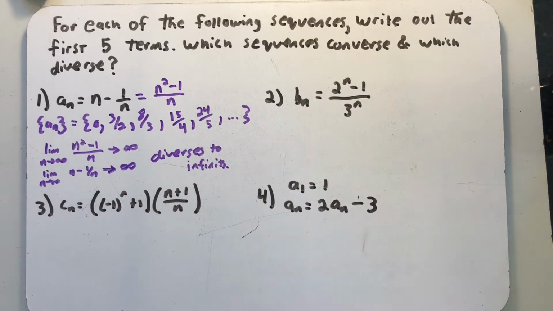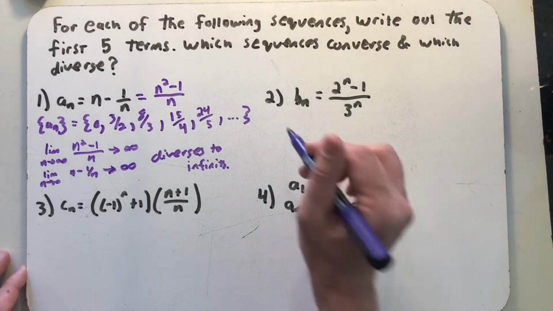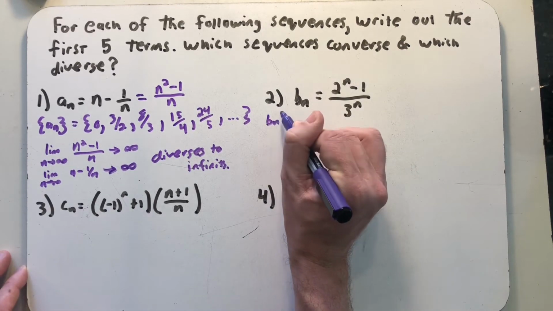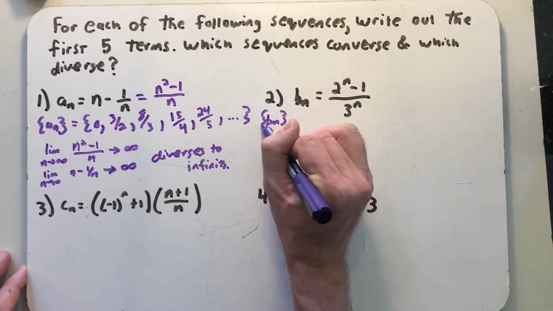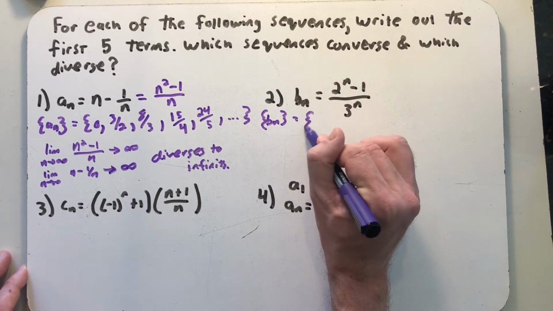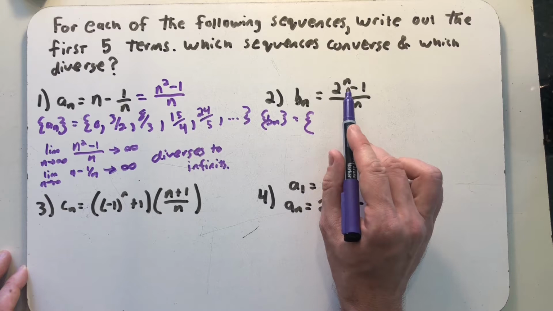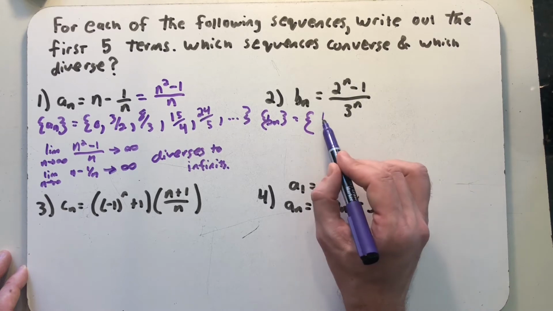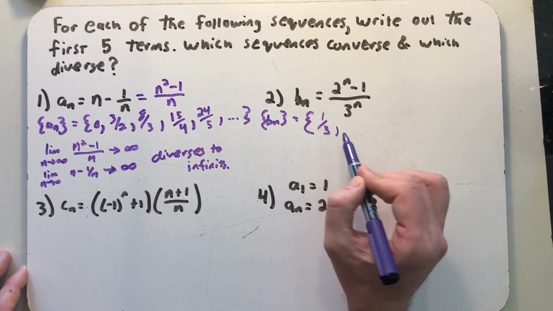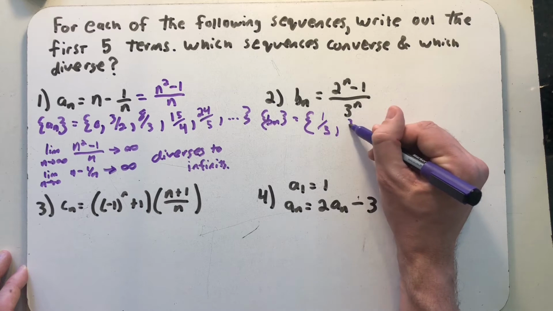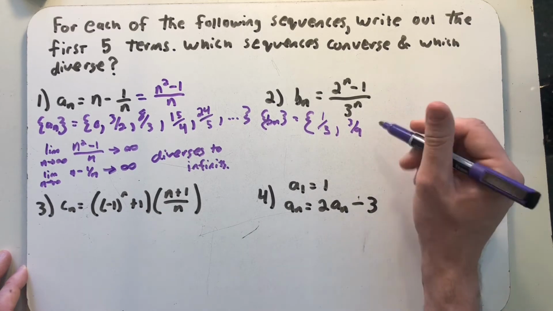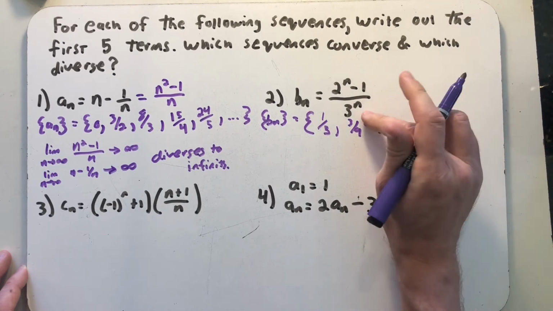All right, here in the second example, I'm calling this sequence b sub n. I have 2 to the n minus 1 all over 3 to the n. Again, my first job, based on these instructions, is to write out the first 5 terms. Well, let's see, if I plug a 1 in on top, I'd have 2 minus 1 is 1 over 3. Plug in a 2, I'll end up with a 3 over 9, which I would typically write as 1/3.